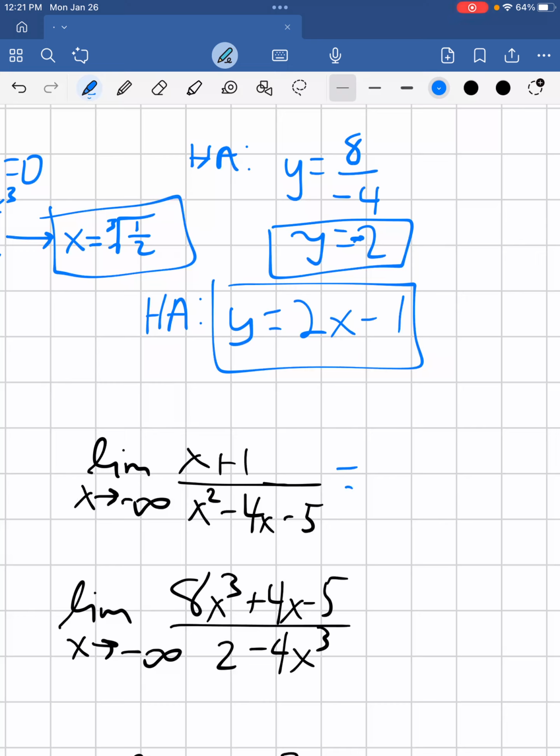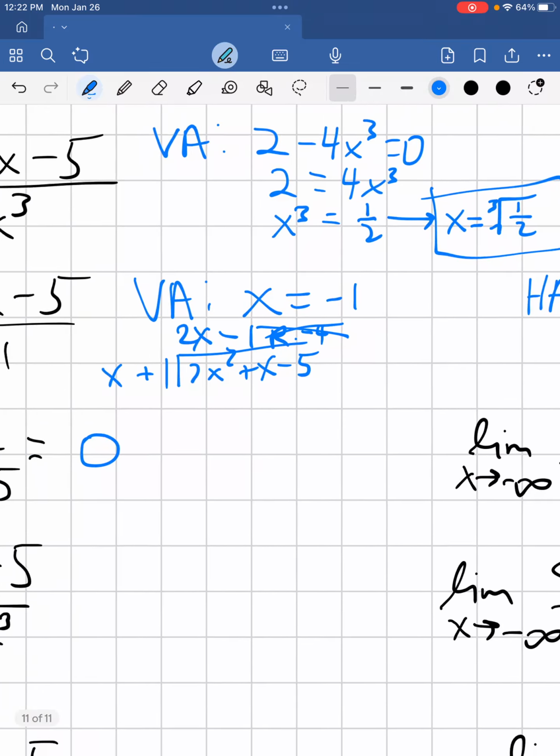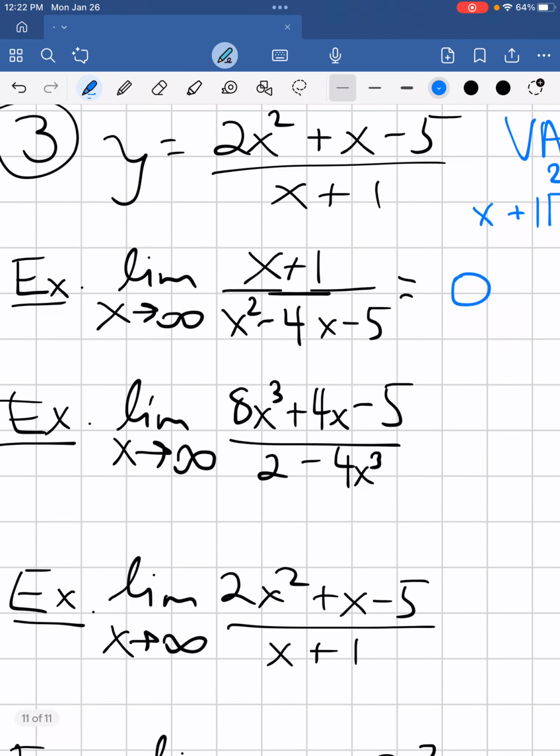There's no change there, so the limit is still 0. Now let's look at this limit. The limit as x approaches infinity of 8x cubed plus 4x minus 5 over 2 minus 4x cubed. So that's the second function that we looked at.